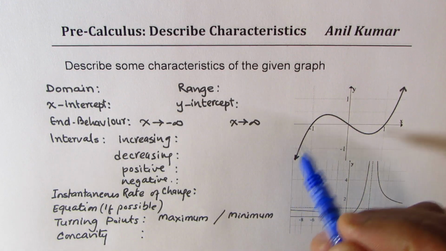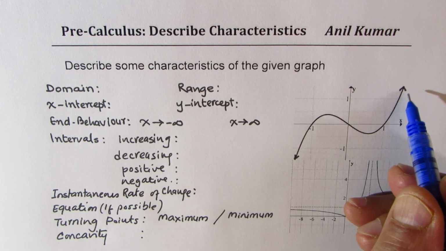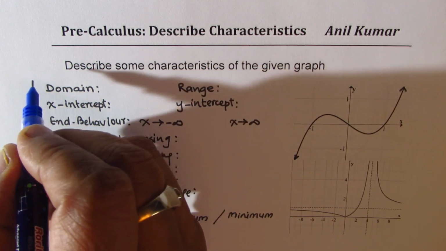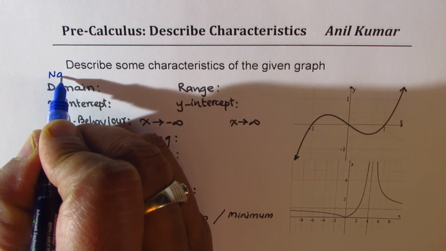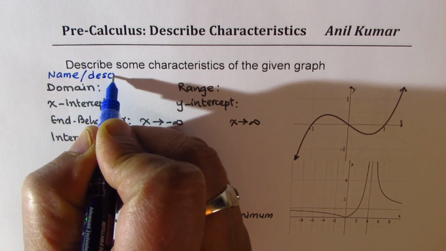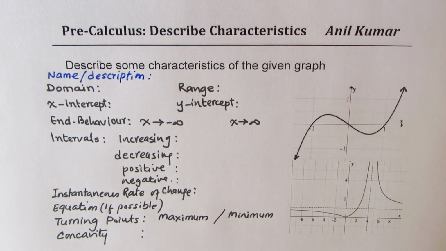Now let's begin with the very first one, which looks like a cubic function. So at times, it is a good idea to provide name and some description. Not necessary, but it is kind of good.